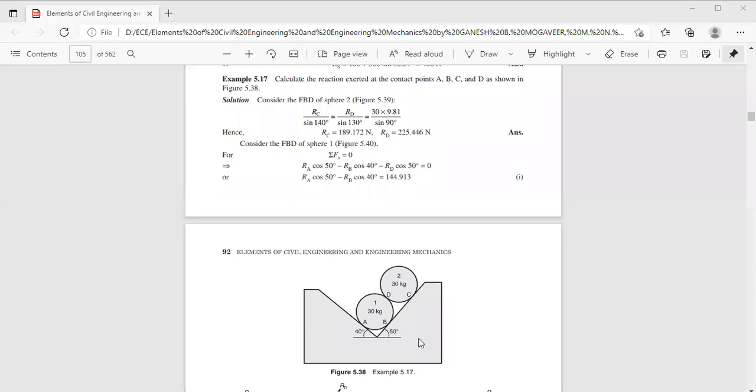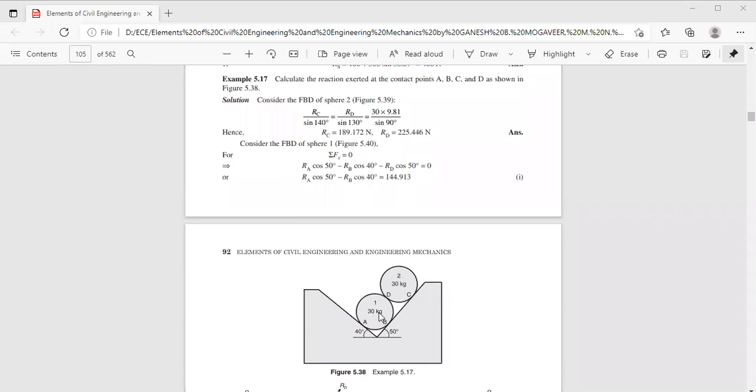And the weight of this sphere, 30, acts vertically downwards. You have to convert it into Newton by multiplying by 9.81. The mass is given as 30 kg; you have to convert it into weight by multiplying by 9.81.